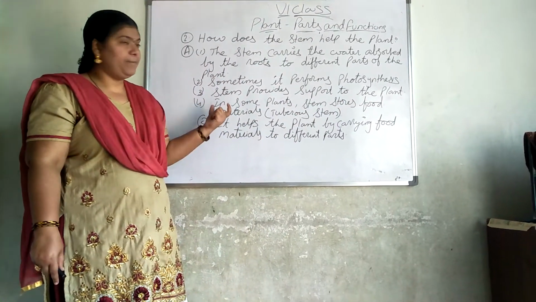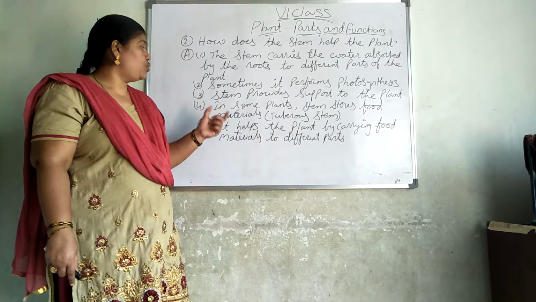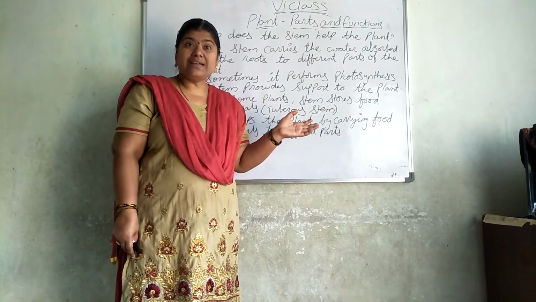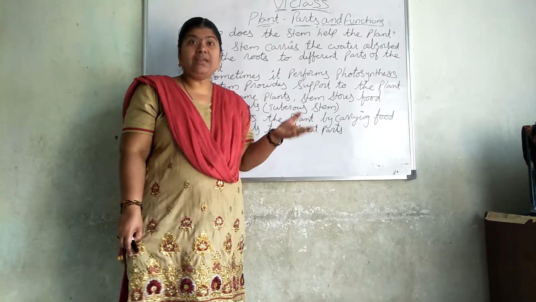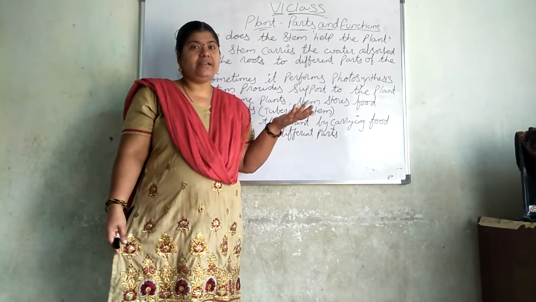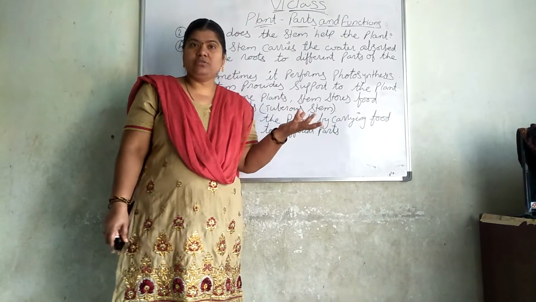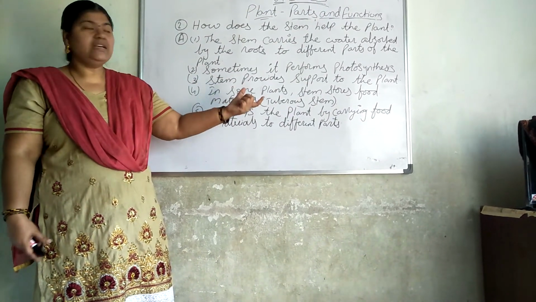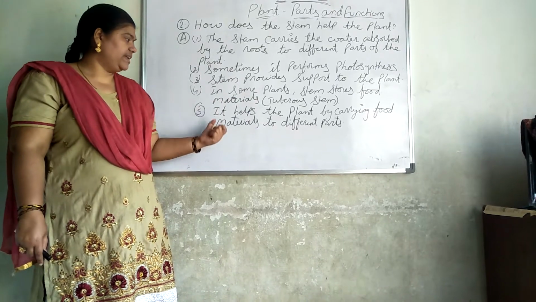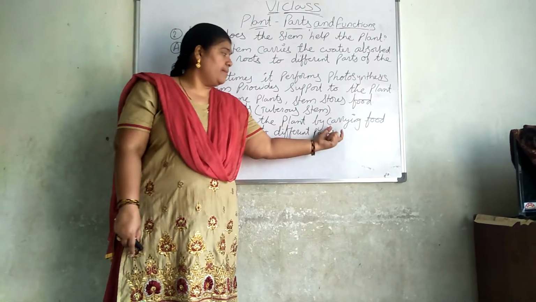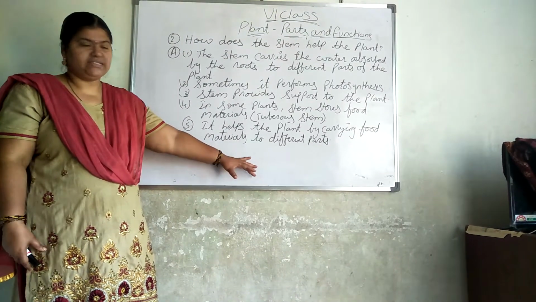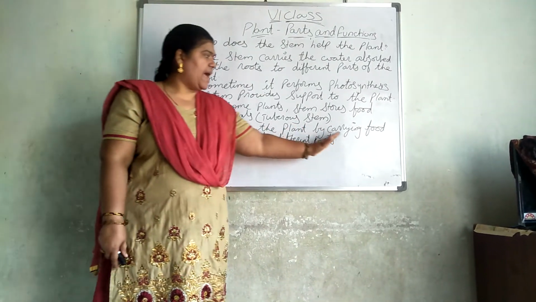Next one, in some plants, stems store food materials like tuberous stems. What are those? Sugarcane, ginger, then potato. These all come under tuberous stems. Next one, it helps the plant by carrying food materials to different parts. Did you understand?